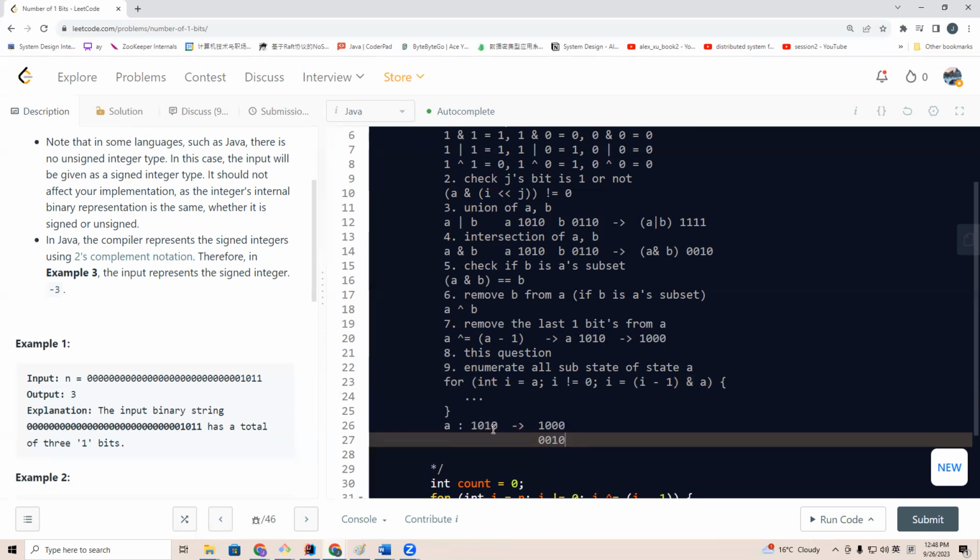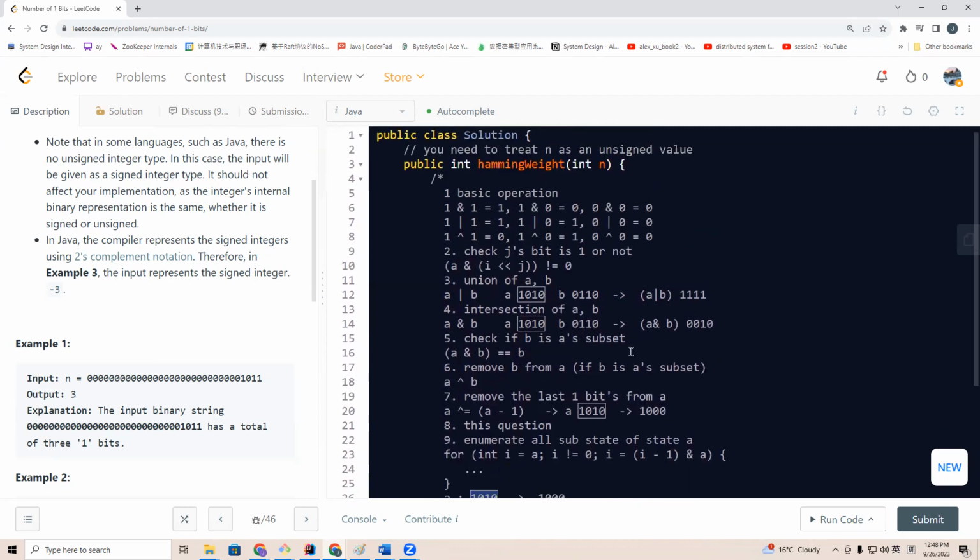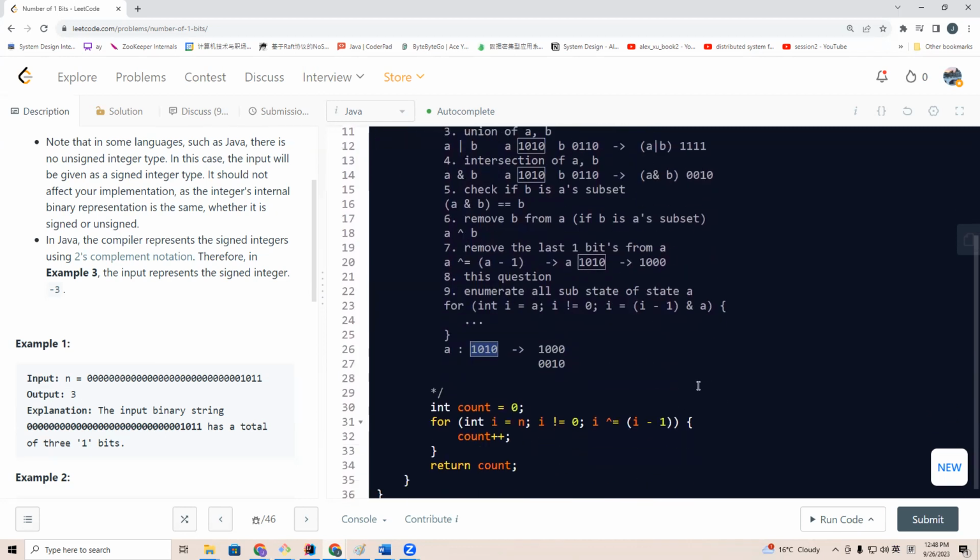These two states are the substates of this scenario. So this is what we want to review.